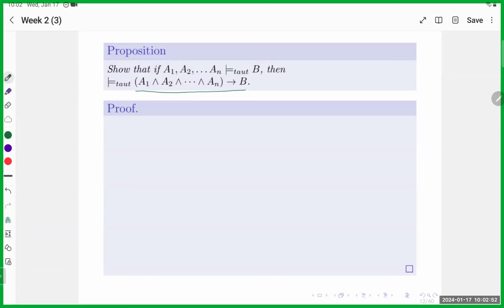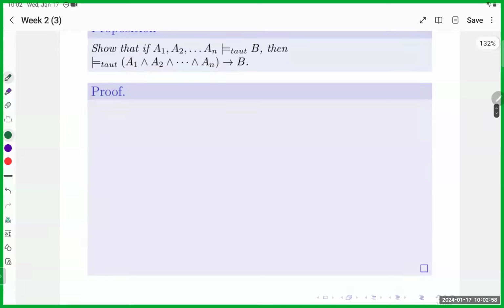So how do we prove this? There are different methods that we could use. I'm going to assume what we have. That is, assume A1, A2, ..., AN tautologically implies B. Now, one way to do this is to prove by contradiction.